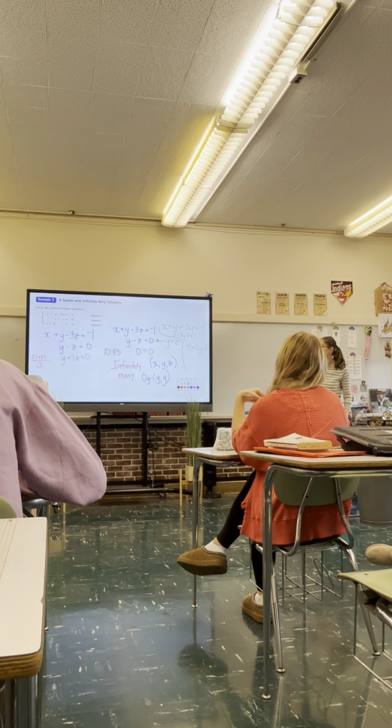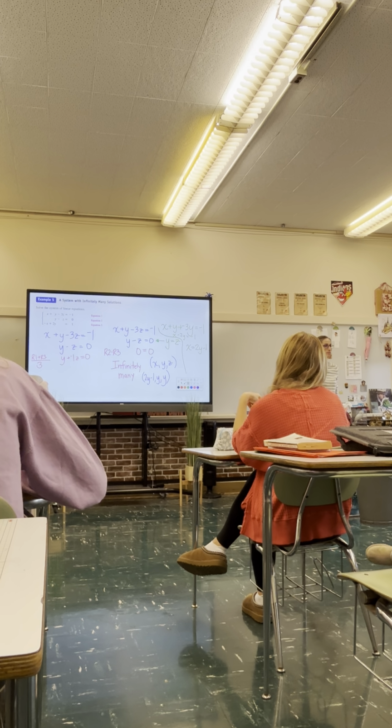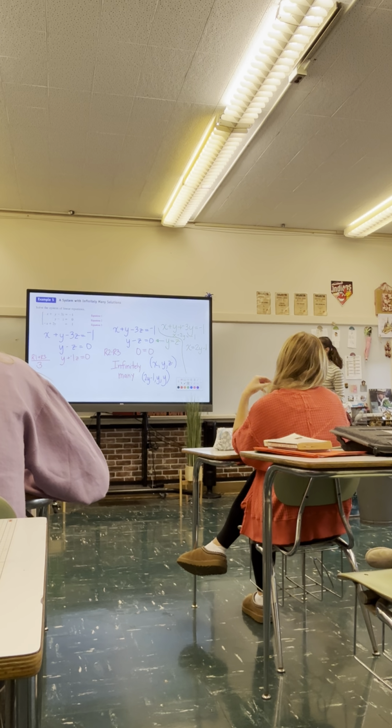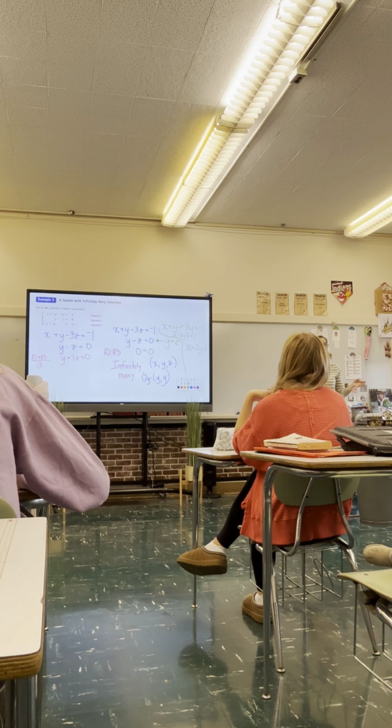My ordered triple would be 9, 5, 5. If y was 10, my ordered triple is 19, 10, 10. There are infinitely many solutions, and that's how they are related. Does that make sense? Get them all in terms of one variable.